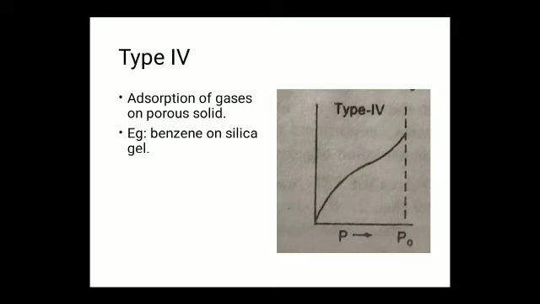Type 4 absorption isotherms. This plot represents the absorption of gases on porous solids. In this graph, the first point of inflection, extrapolated to the y-axis or 0, represents the monomolecular layer absorption.